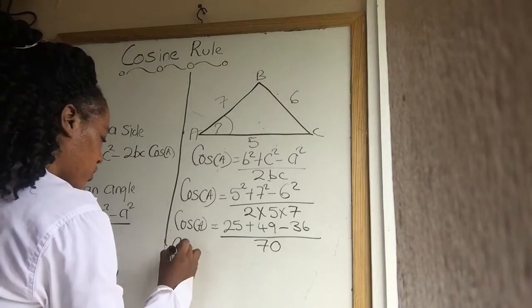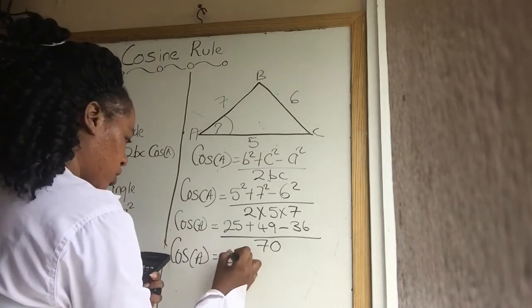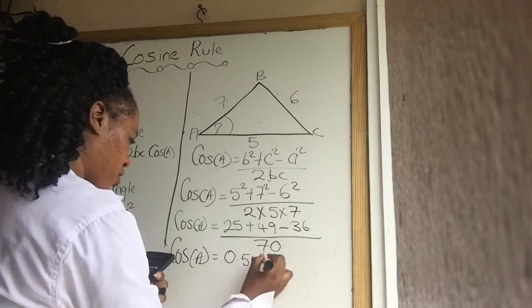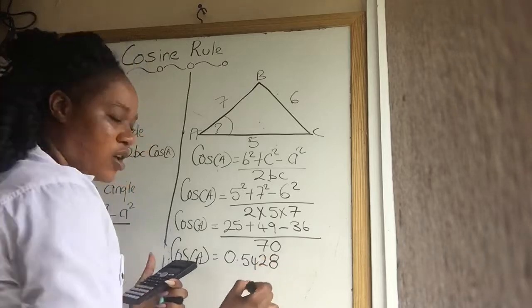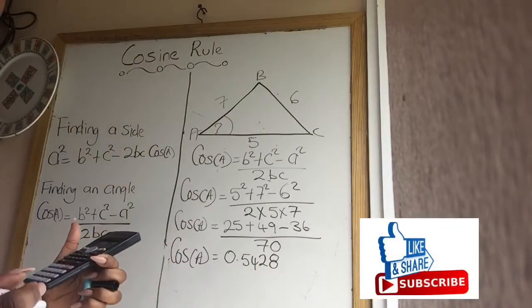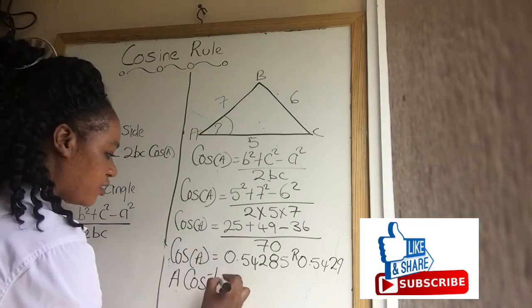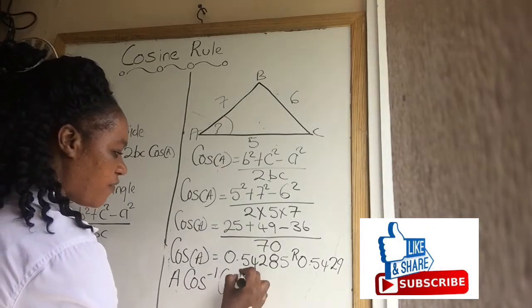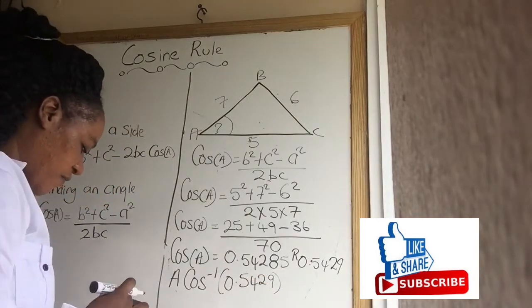So cos A is equal to 0.5428. We could round that off to 0.5429. Let's find the inverse of that.